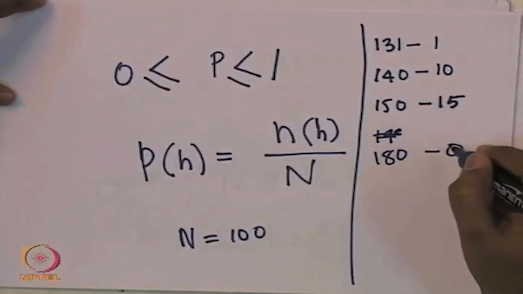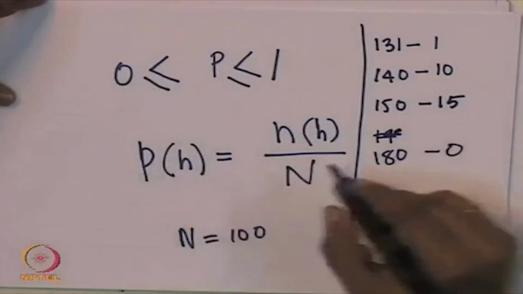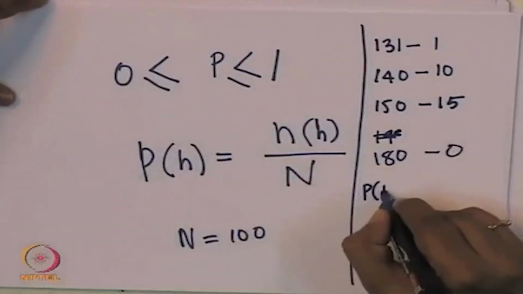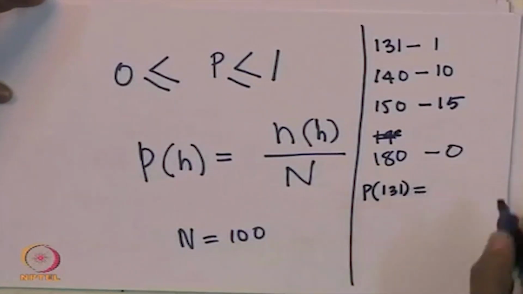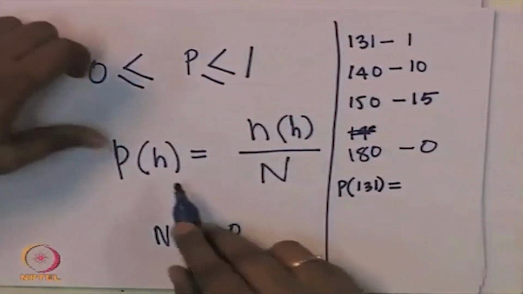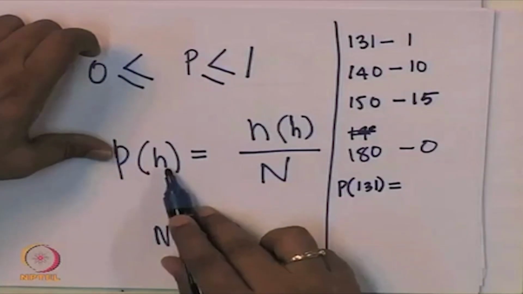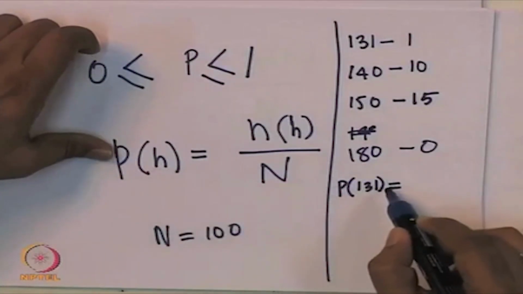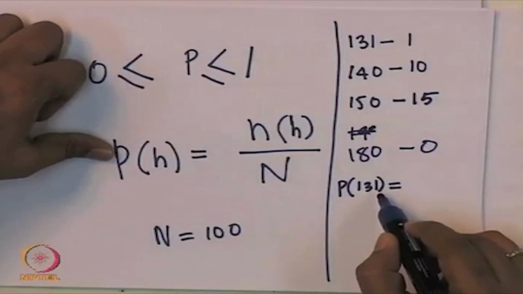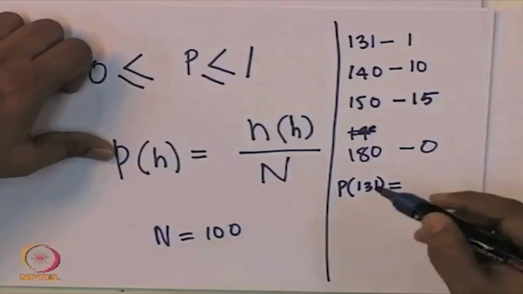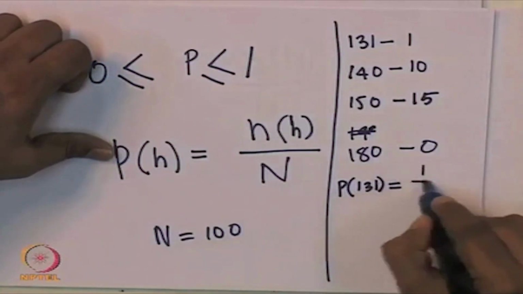If this is the case, we can call P of 131, the probability that students in your class have a height 131, is 1 by 100.